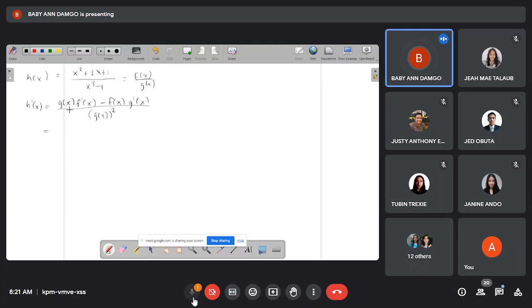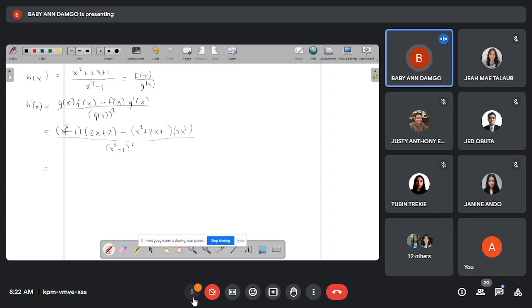So, copy the denominator, x cubed minus 1, times derivative sa numerator, so this is 2x plus 2, minus your f of x, copy x squared plus 2x plus 1, times derivative ani, this is 3x squared, all over x cubed minus 1 to the power of 2.